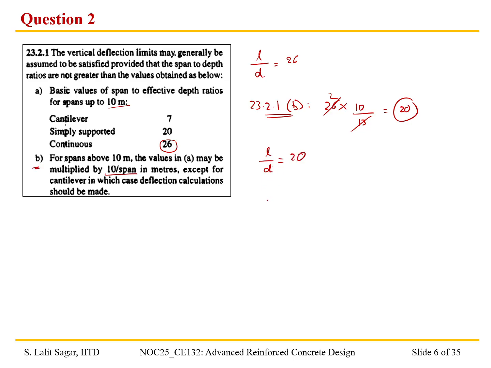Okay, so we will solve for d now. So d is given by L by 20, that is 13 into 10 to the power 3 divided by 20. So that turns out to be 650 mm.